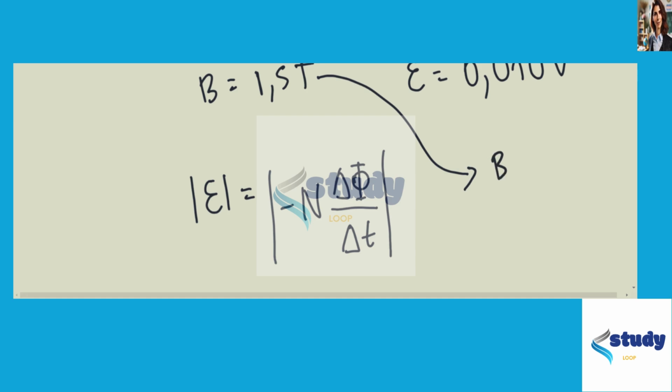So that final value of the magnetic field, we're going to call this the initial one, and this one, that is the last one, is going to be 0 Tesla.